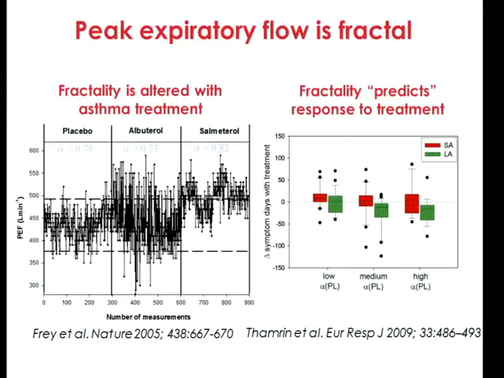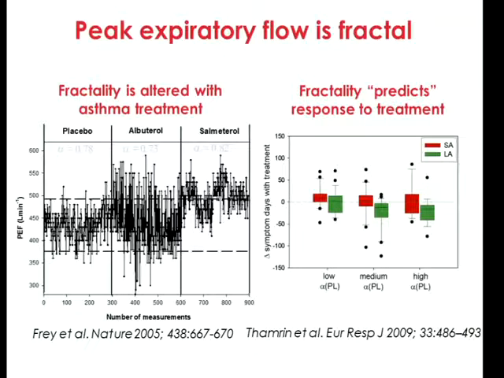Maybe the structure of how your lung function changes over time could be related to clinical measures. I've also found that if you measure these slopes during a period when the patients are not having any treatment, it can predict what their response to treatment is later on.